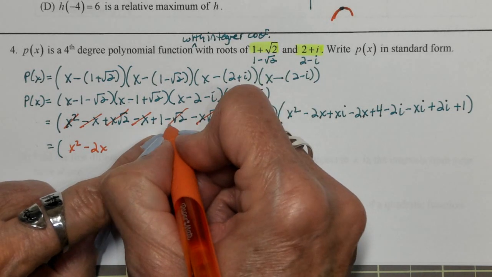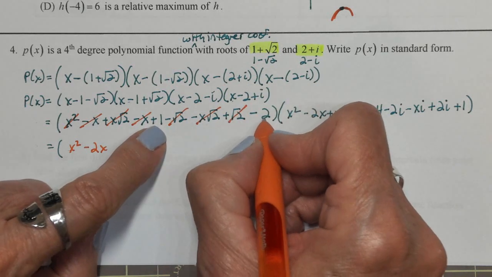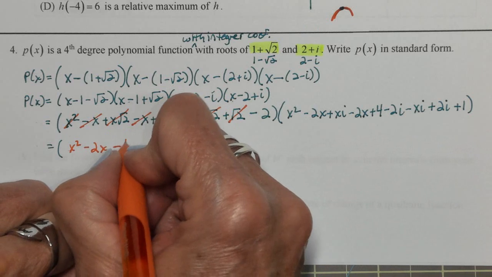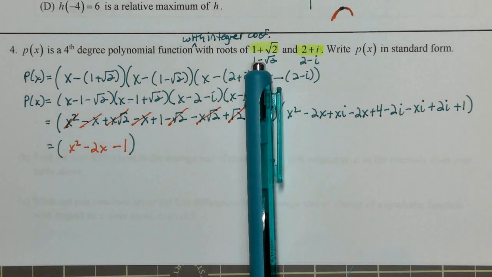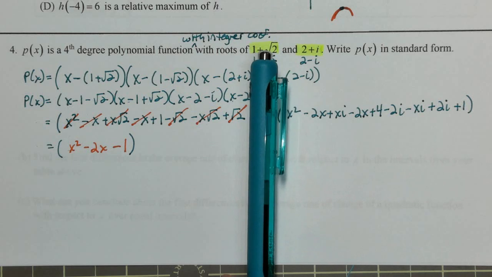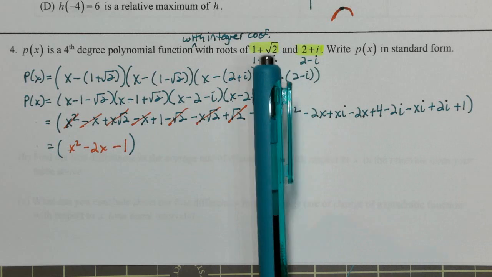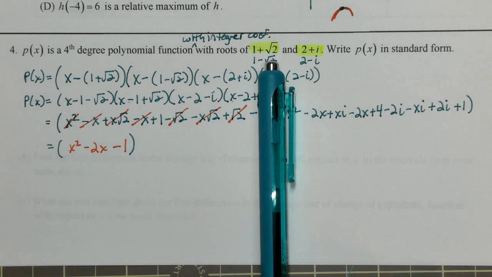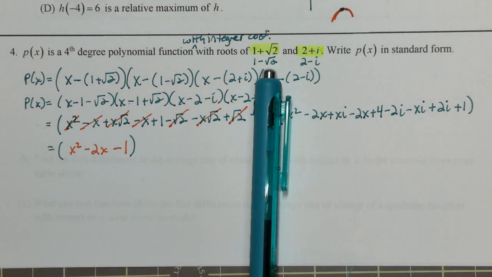Here's a negative square root of 2 and a positive square root of 2, so those cancel each other out, and we're left with a minus 1. Okay. Since these are conjugates of each other, when you multiply them out, you should have no square roots left. If you do, you know you made a mistake. It's the whole point of conjugates.